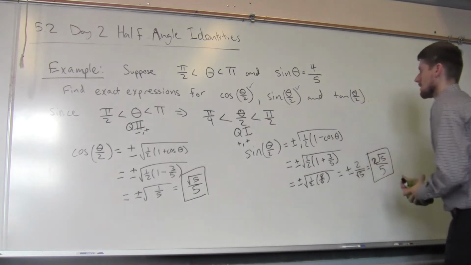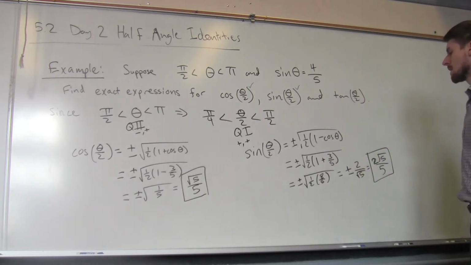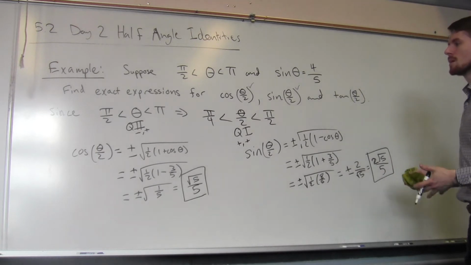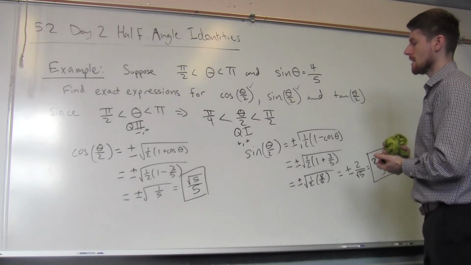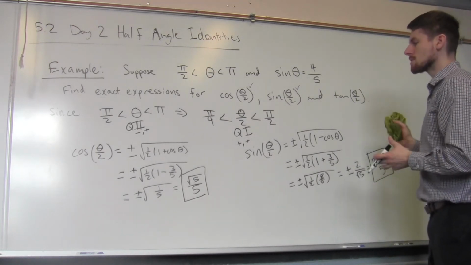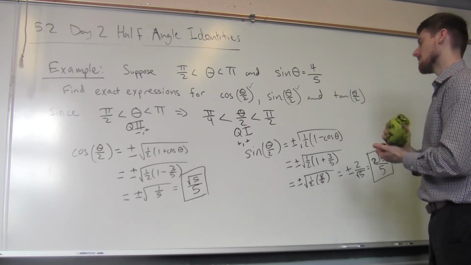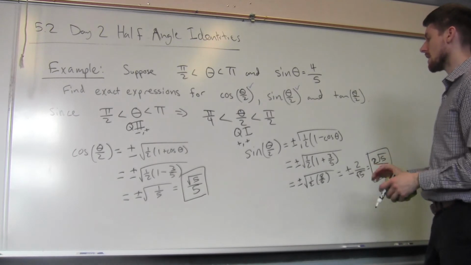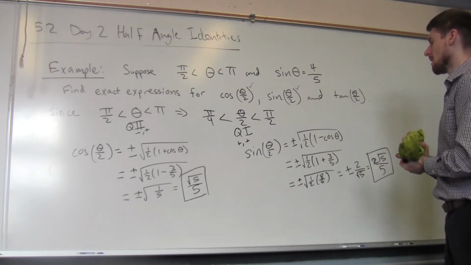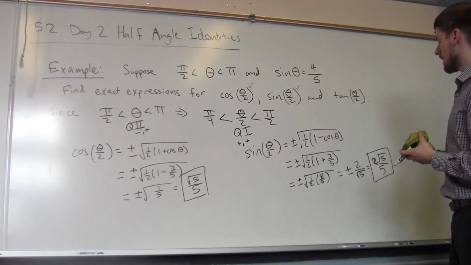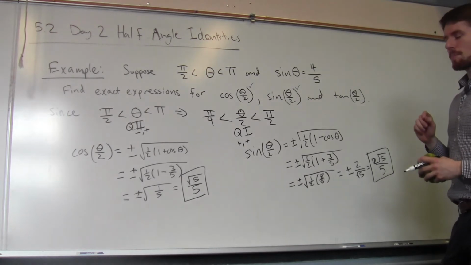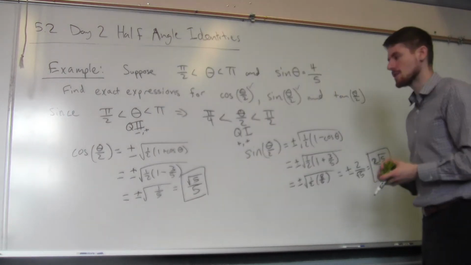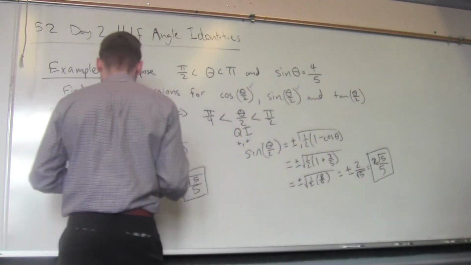Lastly, to find the tangent, I can take my answers for sine and cosine and divide them, or I can use the formula. I'll use the formula in this case. It should jump out at you that the answer is 2, but let's actually check that.